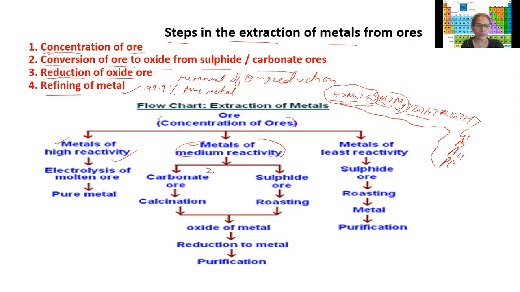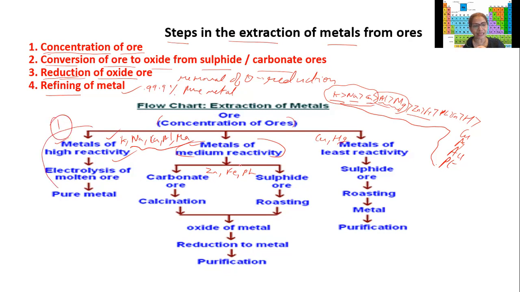So we have zinc, iron here, or even lead, till lead. Okay. Then least reactivity series, we have copper, mercury. They are least reactive. High reactivity, we're talking about potassium, sodium, calcium, aluminium, magnesium. So all these are high in the reactivity series. So if we want to extract potassium, sodium, calcium, aluminium, or magnesium, we will follow this procedure.